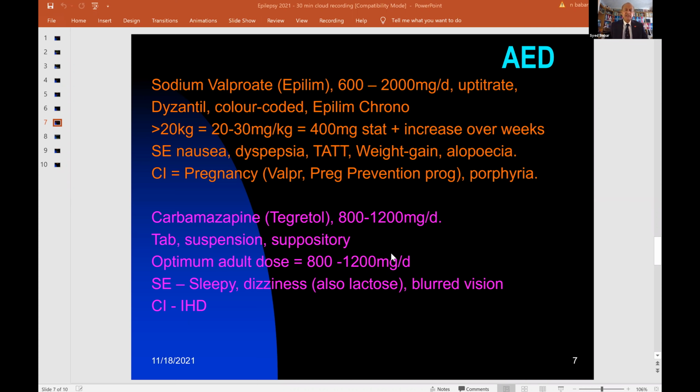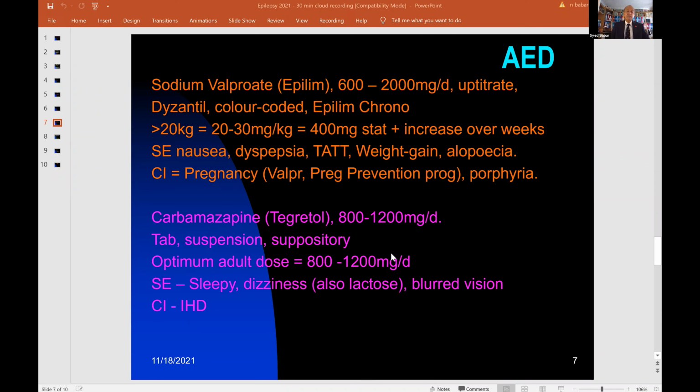Side effects of sodium valproate are usually known to be some form of dyspepsia of a reflux esophagitis nature. The patient reports tiredness all the time, and there is some degree of weight gain and alopecia. Sodium valproate is contraindicated in pregnancy, and the valproate manufacturers have introduced a valproate pregnancy prevention program.